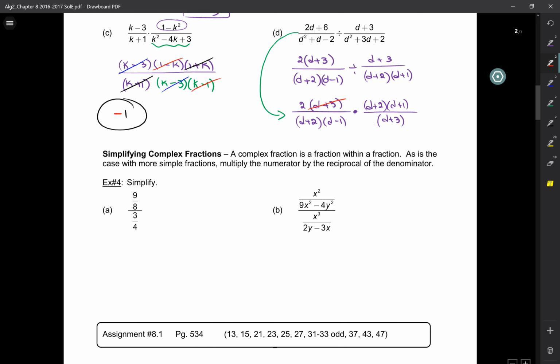Does that cancel with the d plus 3 down here? Sure it does. It doesn't have to be under one fraction bar. What else can cancel then? D plus 2. Anything else? No. So what do I have in the top? Let's collect everything we have in the top. 2 times d plus 1 over d minus 1.